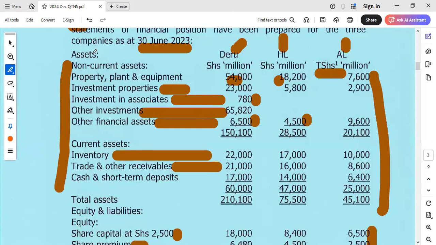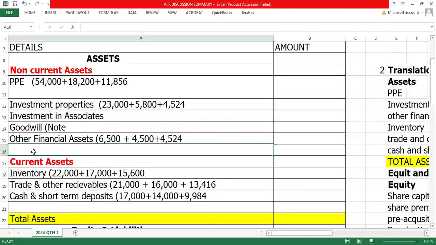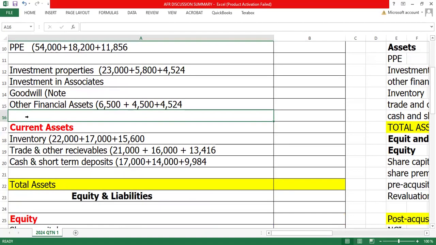Now, after putting your items of non-current assets, please always leave a space, like 2 lines, because you never know. Me, this is Excel, I can adjust, but always leave a space like 2 lines.